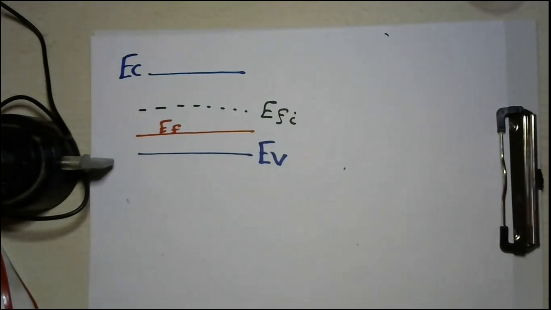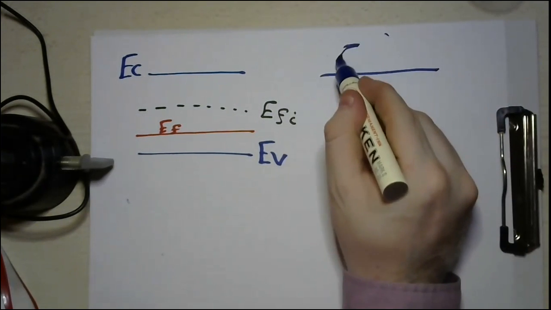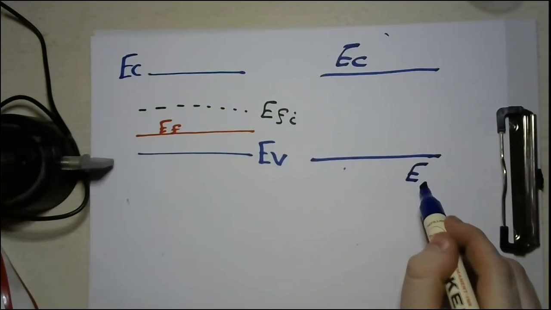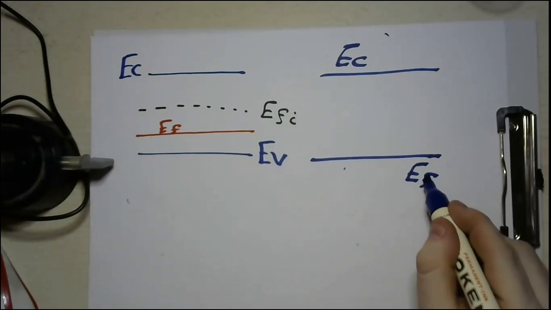Now let's draw the other part. Whenever I ask you in the exam to plot the energy band diagram of a p-n junction, you will repeat the same steps. You don't need to memorize anything. It's very easy and very simple. So this is the EC. This is the EV, I'm sorry.